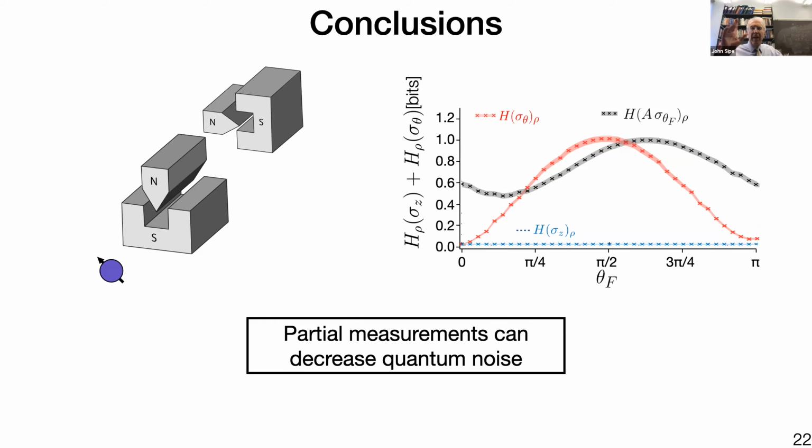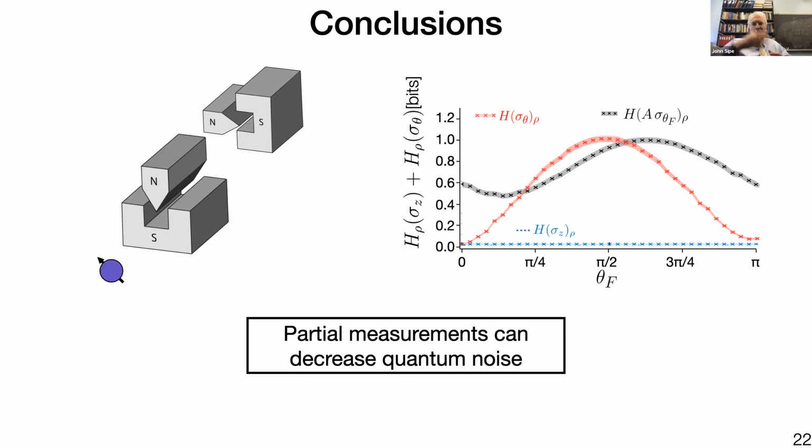Could I just pop in here? Could I just get a clarification, Jonathan? When you talked about preparing something in a state and then doing a weak measurement and then following it by a strong measurement, do you have one system and you do one thing to it and then you do another thing to it?